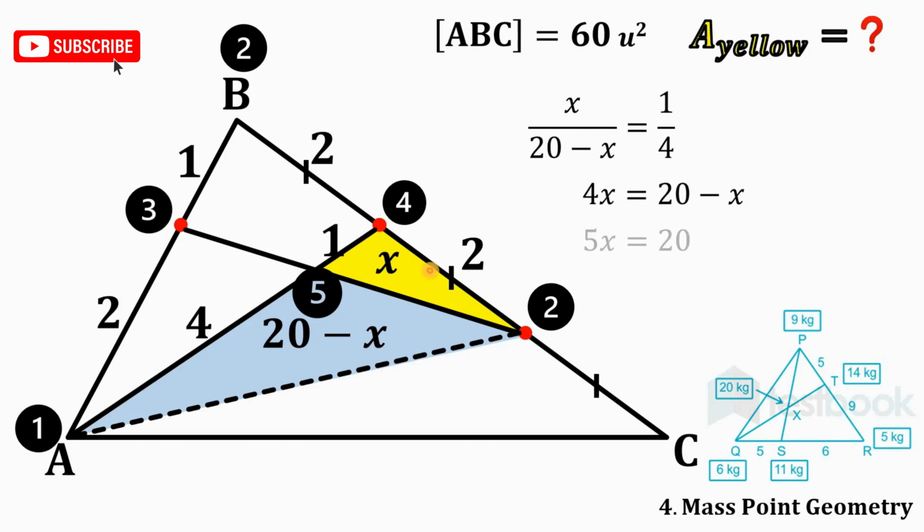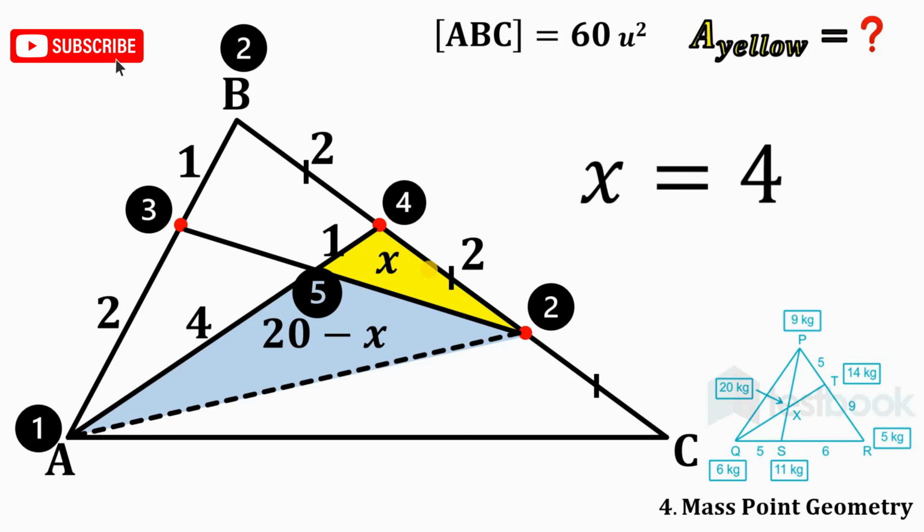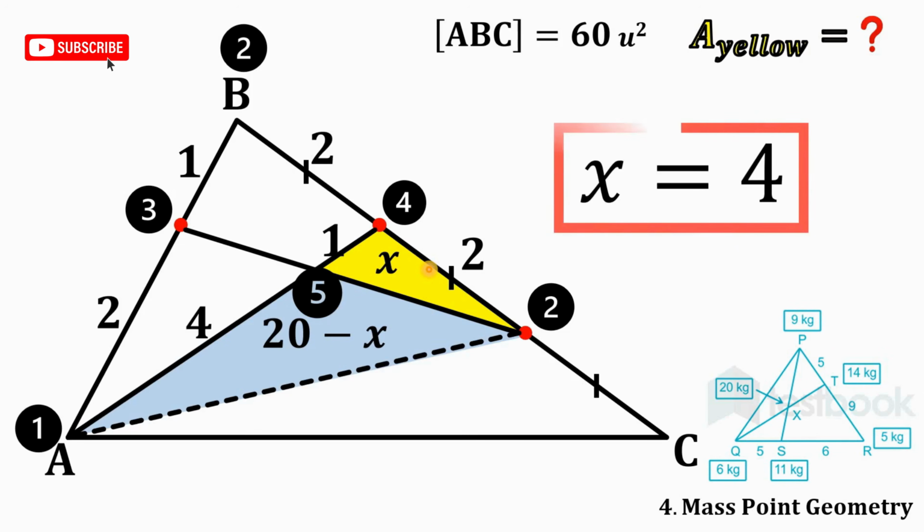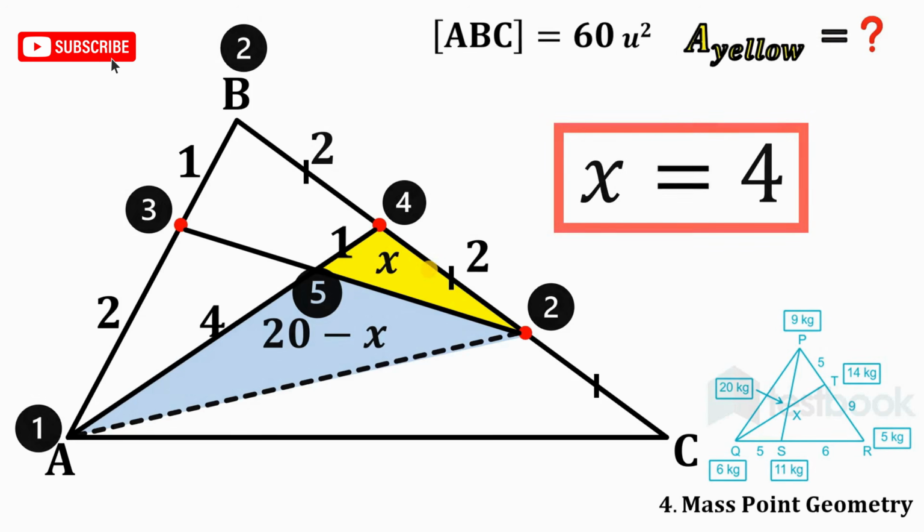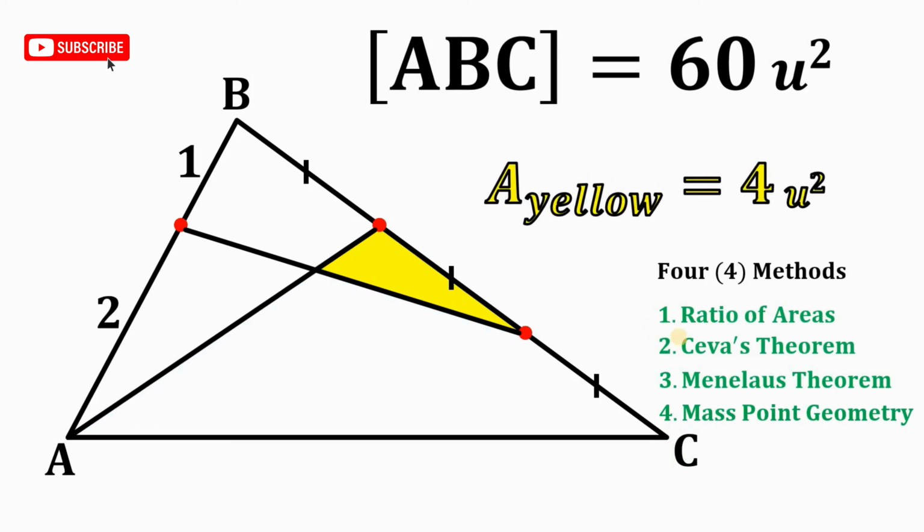Again, solve for the value of x, and sure enough, we get that x simply equal to 4 square units. And that is our answer to this question using mass point geometry. So, using 4 different methods, ratio of areas, Ceva's theorem, Menelaus theorem, and the mass point geometry, we get that the area of this yellow triangle simply equal to 4 square units.